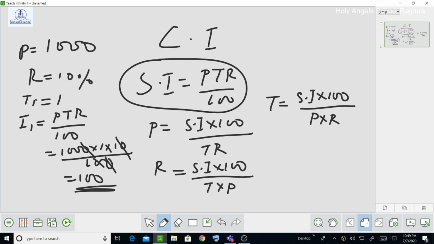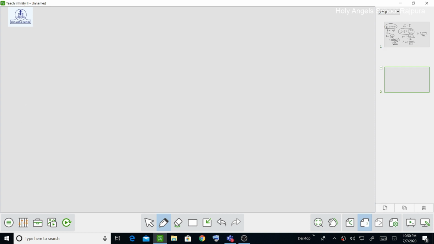Now what happened in compound interest? This 100 rupees interest earned after 1 year is added with the original principal. That means 1000 plus 100 becomes the principal for the second year.